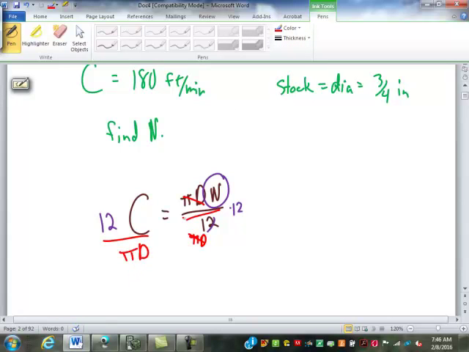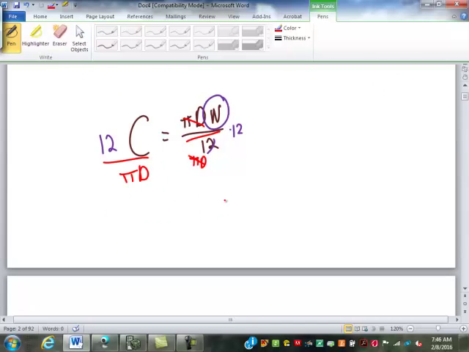Does that make sense? So what I've done is rearrange this formula: 12c over pi times d equals n. Now again, you guys might have seen 3.82 times your cutting speed divided by your diameter. If you guys want to use that formula, it's the same thing.